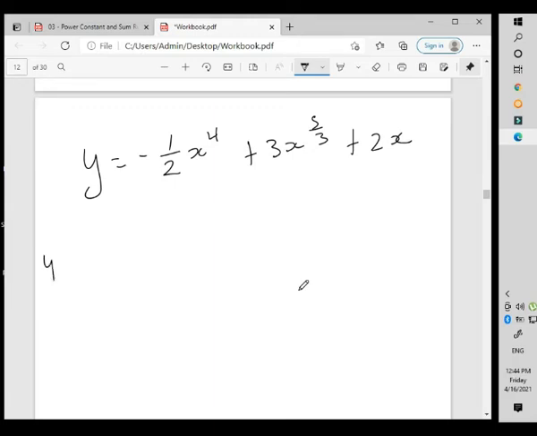So another long one. It's going to be 4 times minus a half x to the 4 take 1 plus 5 over 3 times 3x to the 5 over 3 take 1.